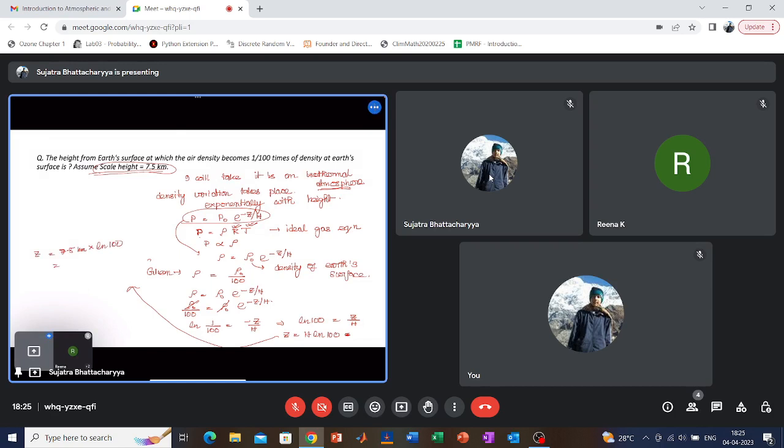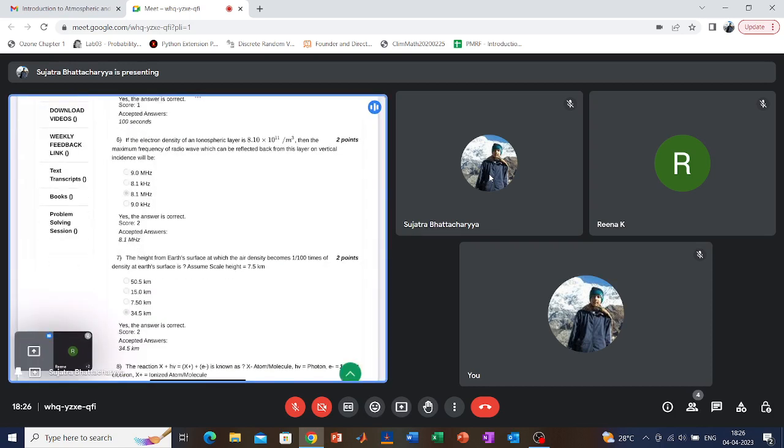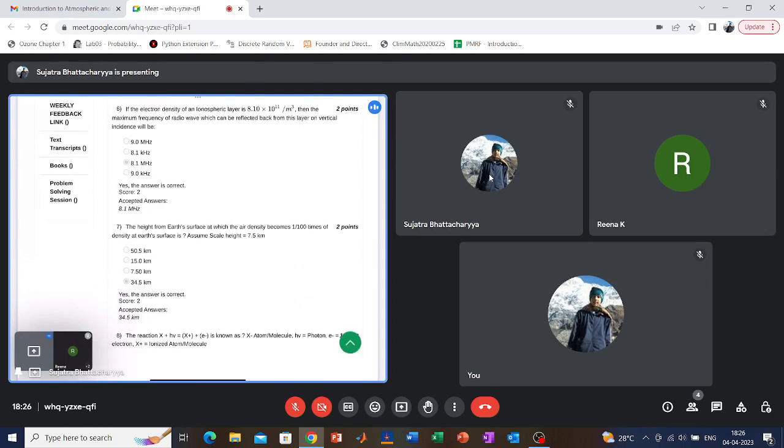So now, if we calculate it out, log 100 is about 4.605, and 7.5 into 4.605 comes out to be about 34.53 kilometers. So this is the height. Okay, let us check it. This is the last question. Yeah, it is 34.5 kilometers.